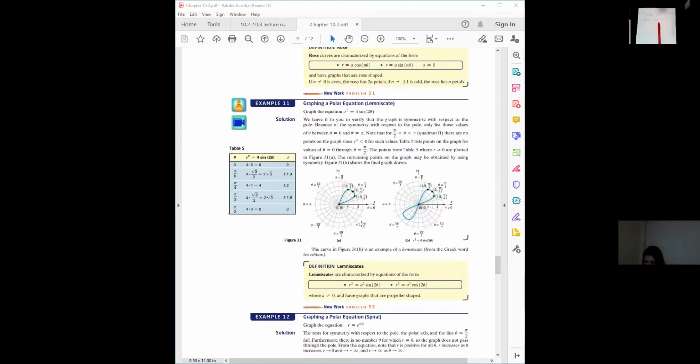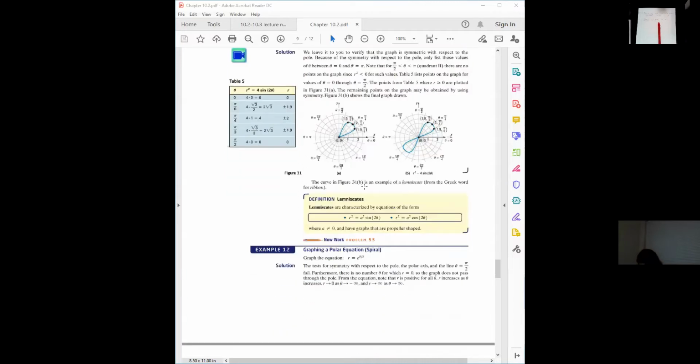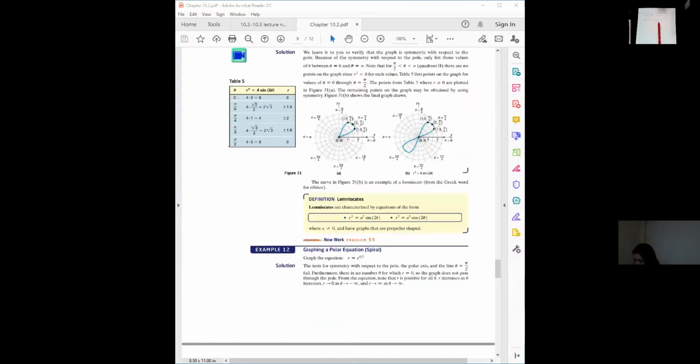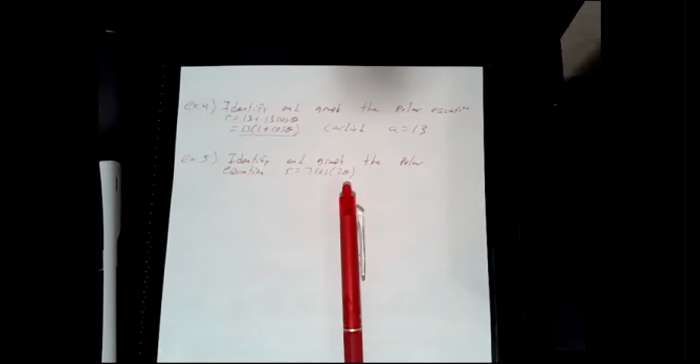So, for example, if it's going to be 2 theta, it should be 4 petals, because n is that number on the theta. On our example, we have 2 theta, so it's going to be 2 times 2. If it was 3 theta, then it would just be straight up 3 petals. Let's go ahead and graph it and see what it looks like.